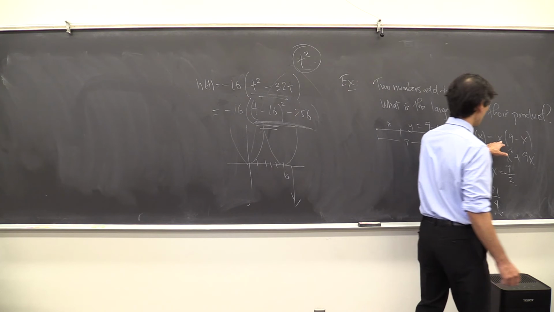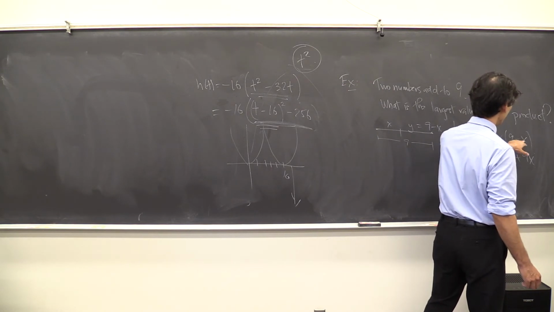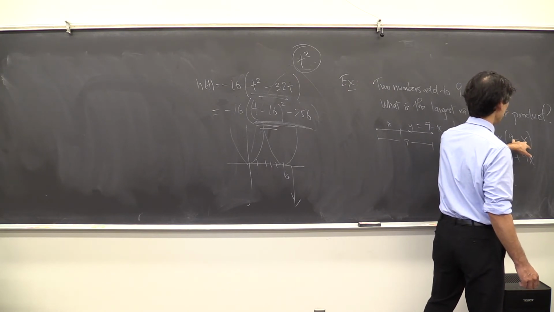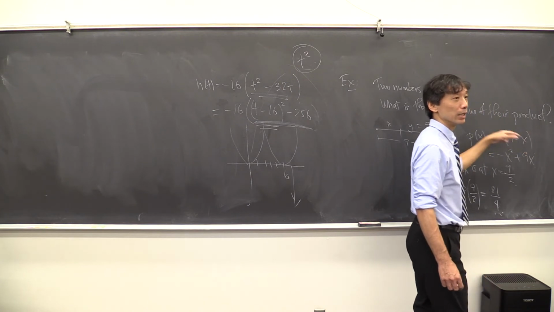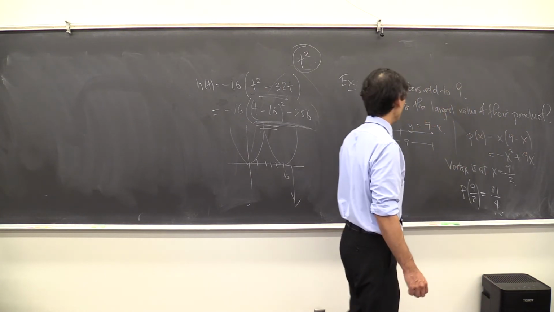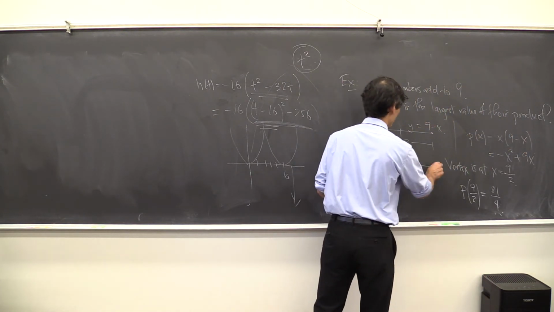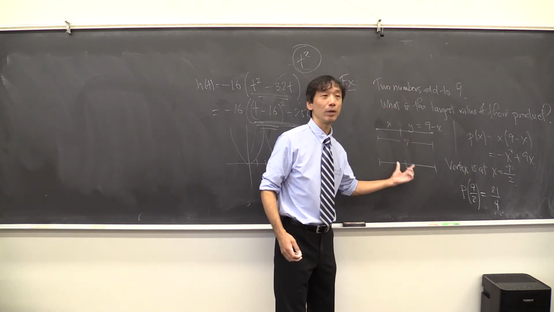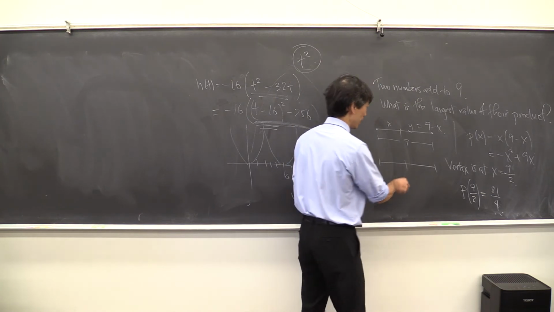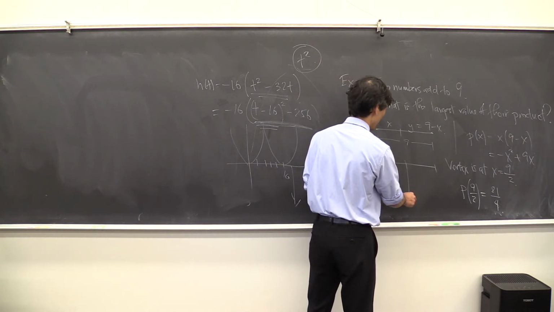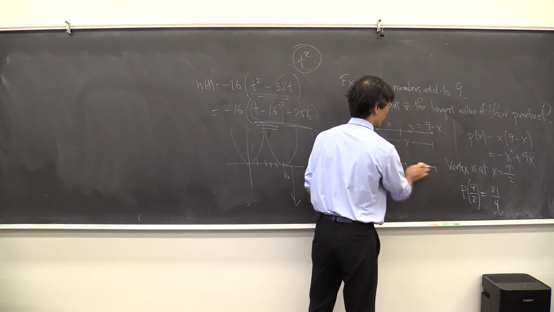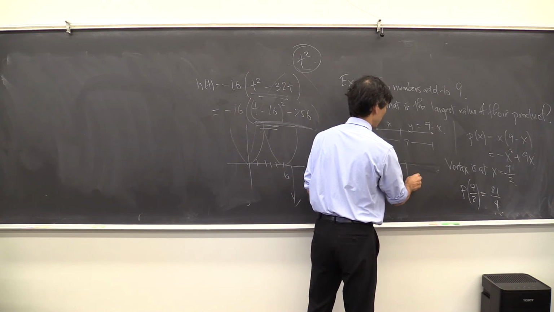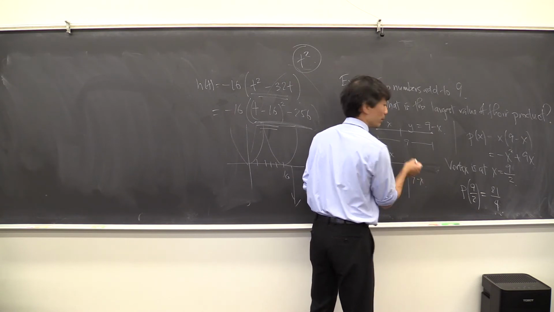So you get 9 halves times 9 minus 9 halves, which is also 9 halves. So you get 9 halves times 9 halves. In other words, the best place to make a product is to divide this thing in half, which is kind of what you would expect. The biggest thing you're going to get is a square if you take x and 9 minus x to be the same thing.